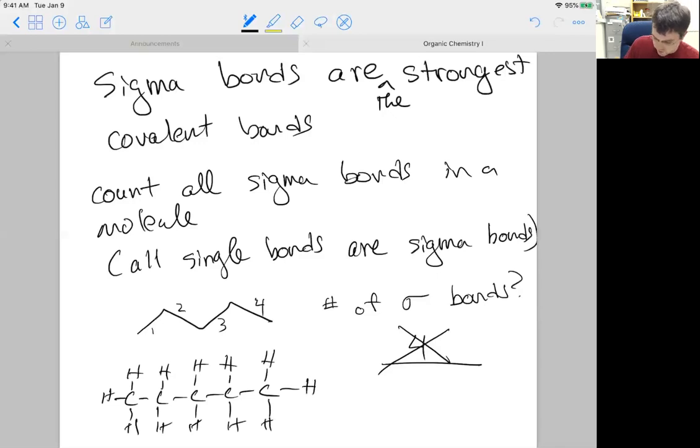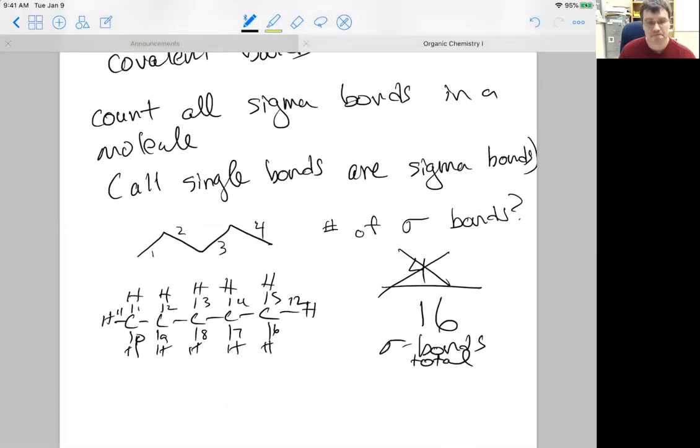Kekulé structures are not as fun as I remember. So we have those 4 plus 1, 2, 3, 4, 5, 6, 7, 8, 9, 10, 11, 12, and 4 is 16 sigma bonds total. And that's because we count those carbon-hydrogen bonds, yes.